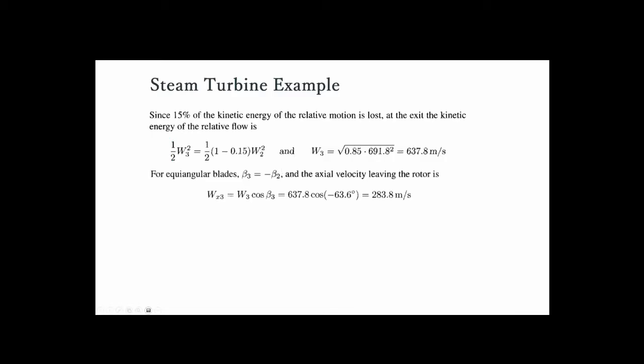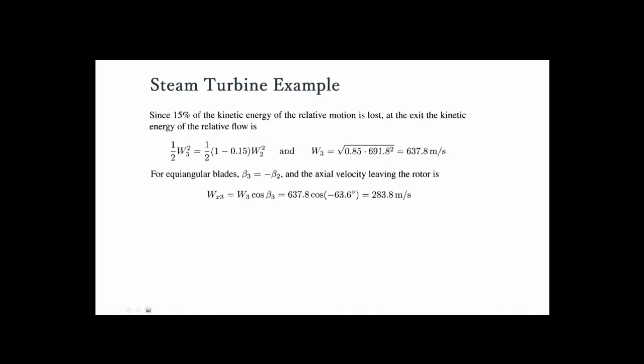And for equiangular blades, we have two different conditions. One is equiangular blades, which means beta 3 is equal to minus beta 2. This is called equiangular blades. For non-equiangular blades, beta 3 and beta 2 do not necessarily have the same inverse value. In this case, the turbine has equiangular blades, so beta 3 is equal to minus beta 2.